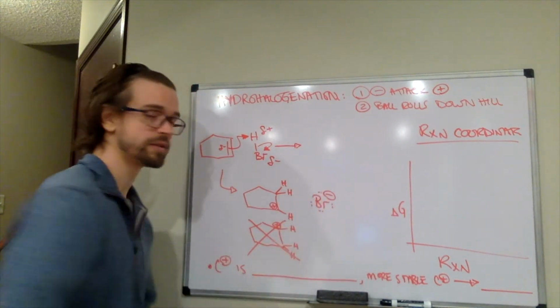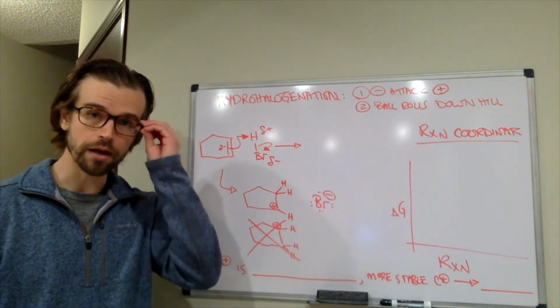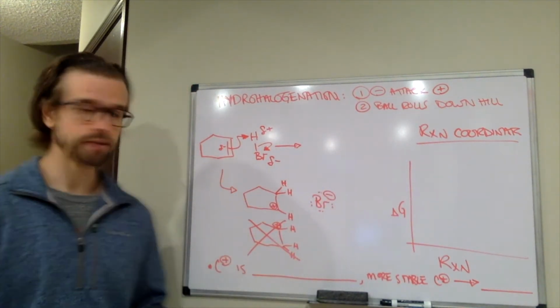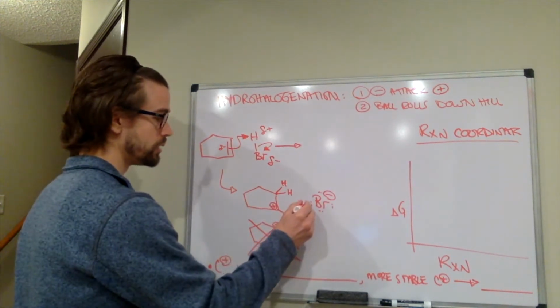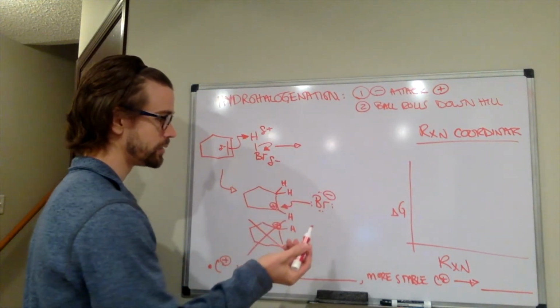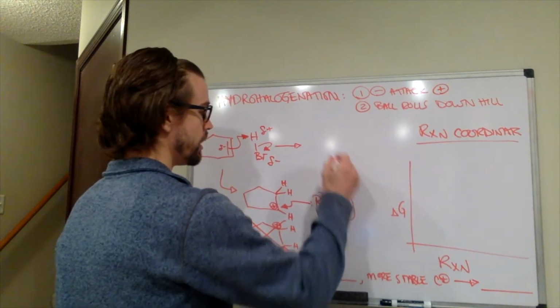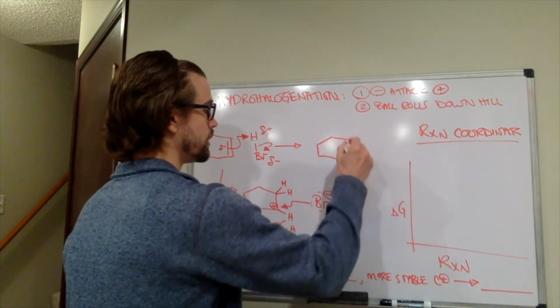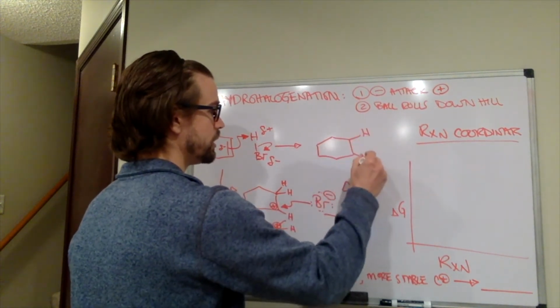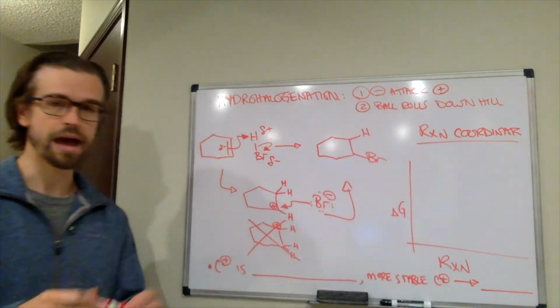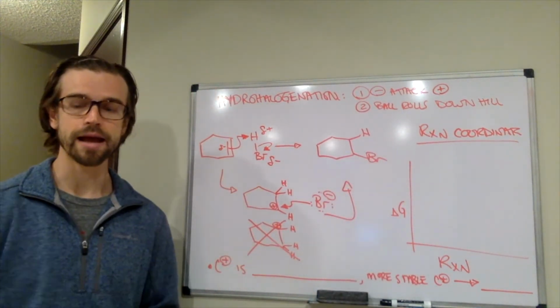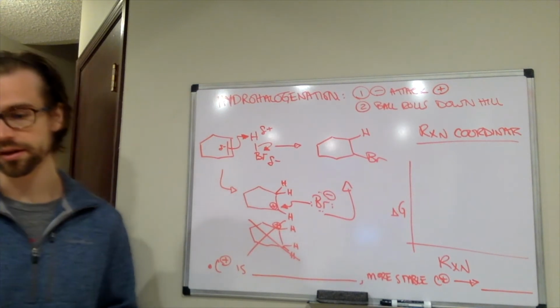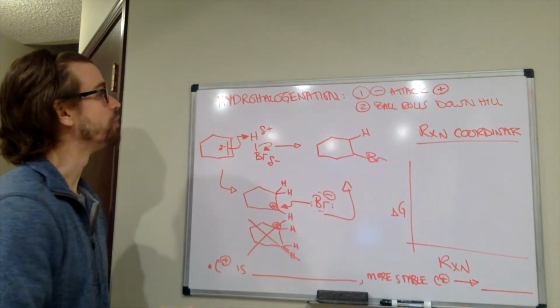So what's the next mechanistic step then? Negatives flow to positives, right? So this negative charge flows to the positive charge there. And our product added a hydrogen and a bromine to that pi bond. So thinking back to the name of this reaction, it's called a hydrohalogenation.